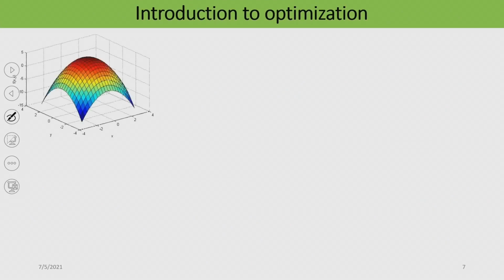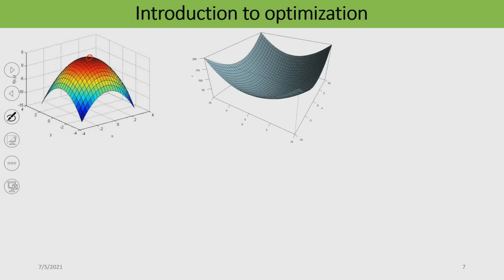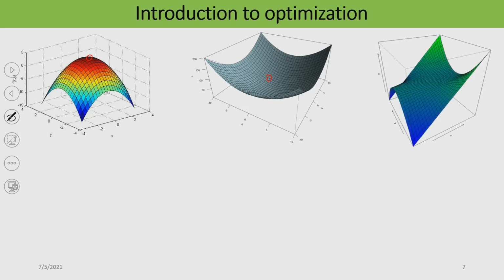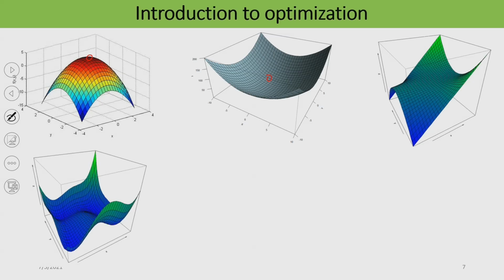Similarly, I can show you some other functions. This is a two-dimensional function. We have x and y, and there is an optimal solution. Here also, this is one function with one optimal solution somewhere here at 0 0, and this is a little bit complicated function, and I can find the optima of this particular function also.